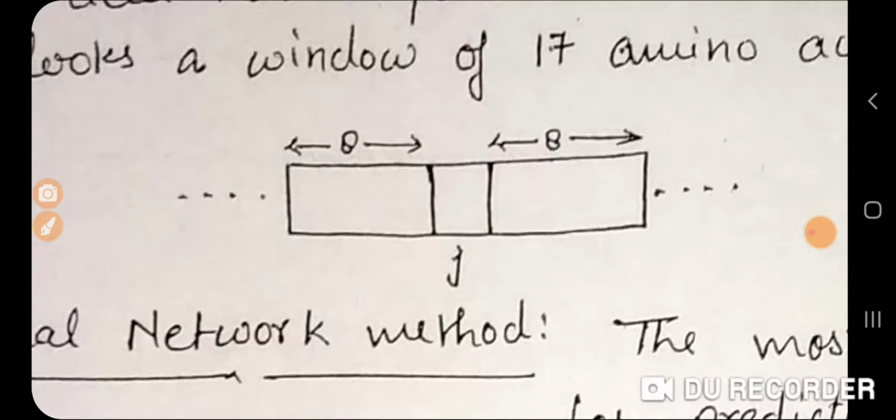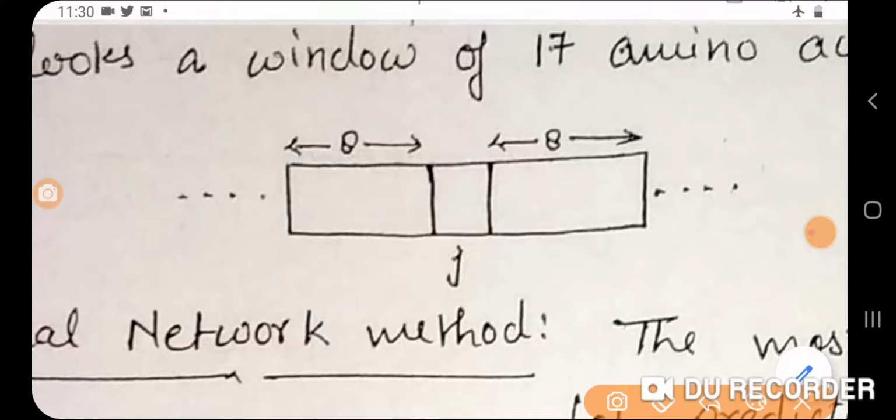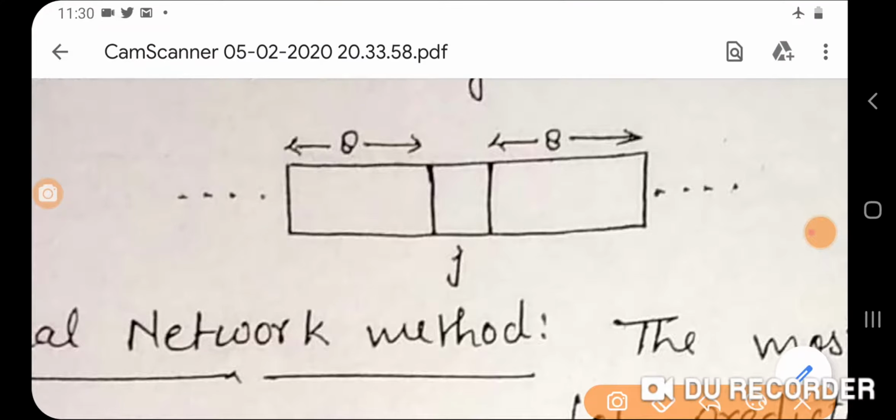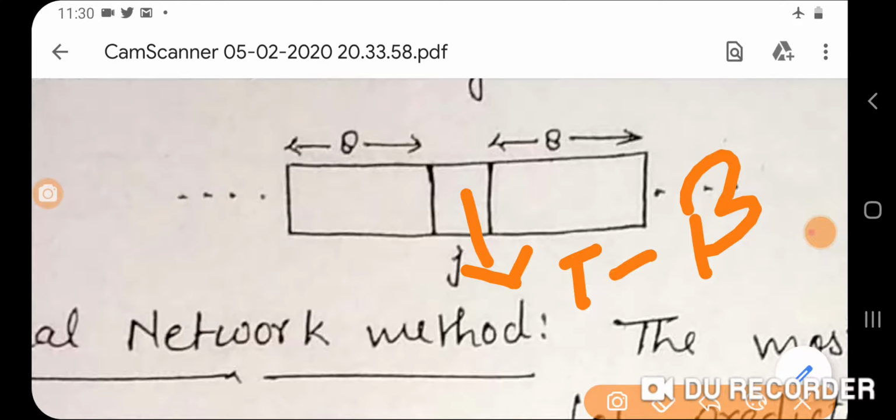Whatever amino acid comes in this area, if it is T, then it will go to beta sheet. Like that.